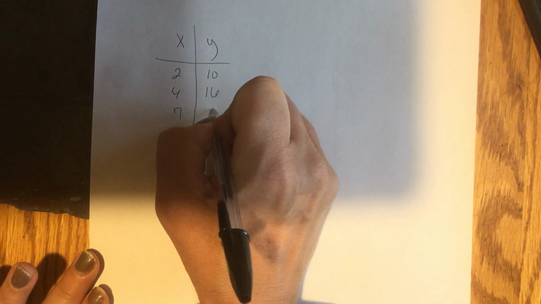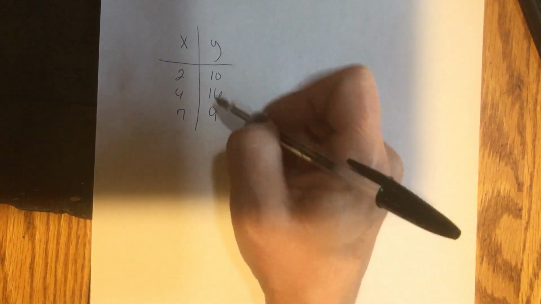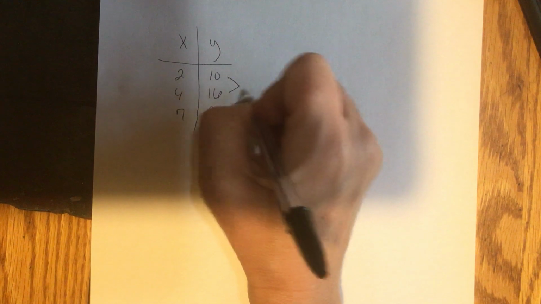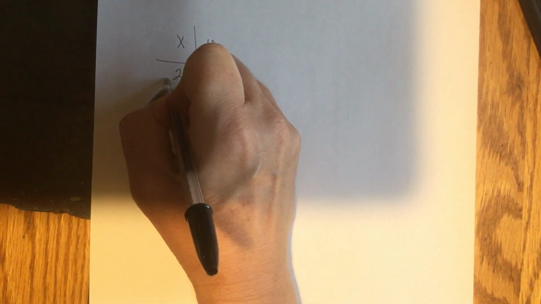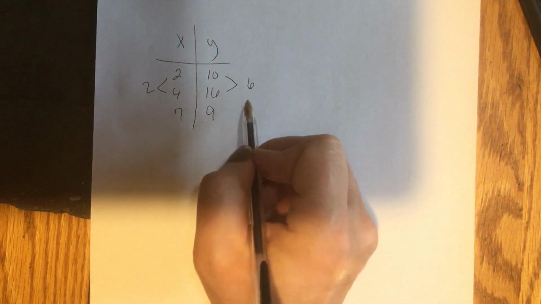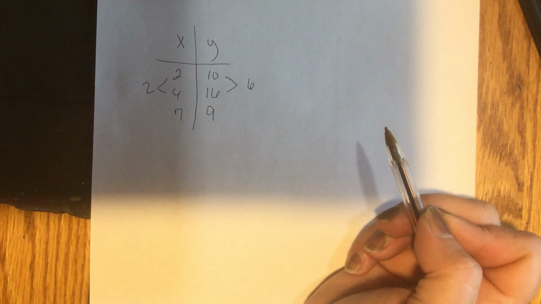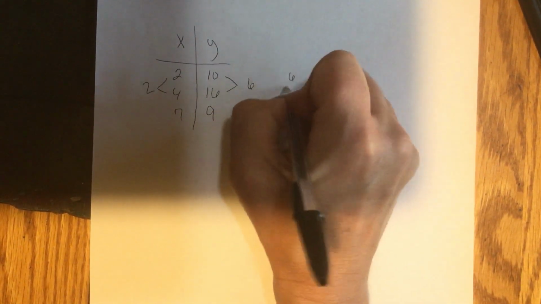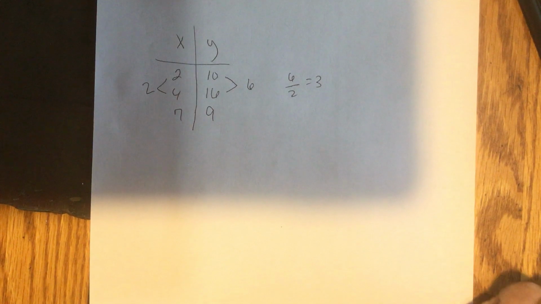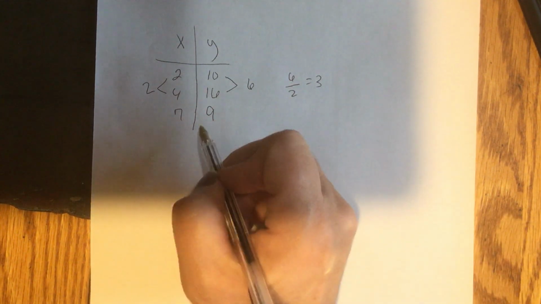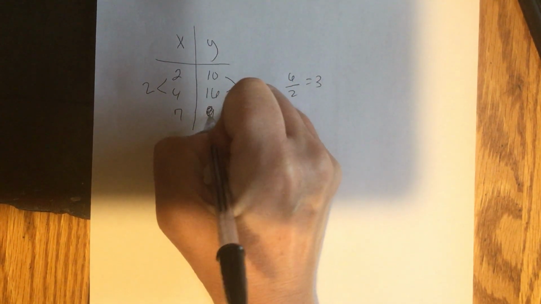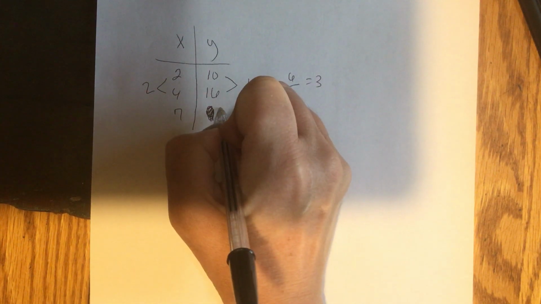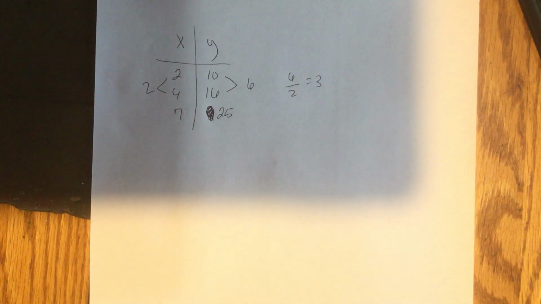So if I want to find the rate of change of this, I could say, well, that goes up 6, and that goes up 2, and 6 divided by 2 is 3. Whoops, this isn't 9. I don't mean 9. I mean I want it to go up 9. So it would be 25.